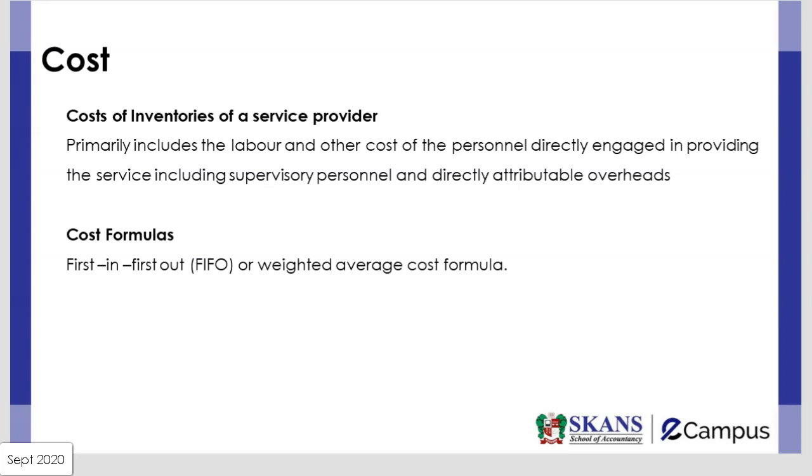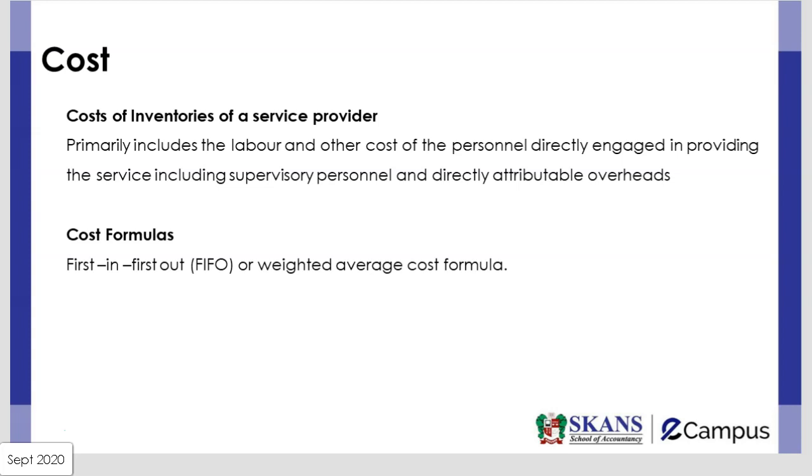So in simple terms, for manufacturing organizations, the cost of inventory or ultimately the cost of sales that they charge to their P&L consists of material, labor and production overheads. In case of service providers, the cost of sales will only consist of direct labor and production overheads.